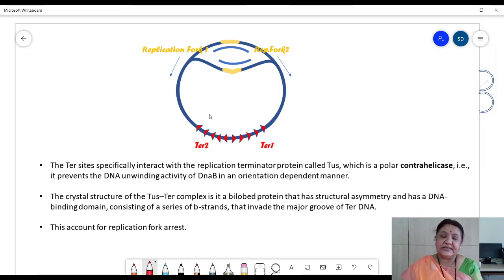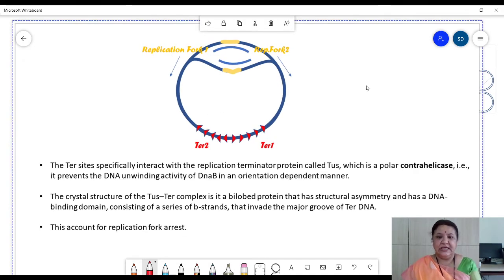Now these sequences are recognized by a special class of proteins called Tus proteins, and these proteins are actually contrahelicases, as written over here.